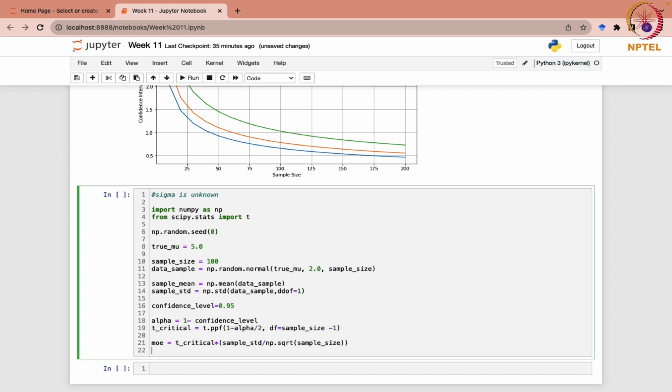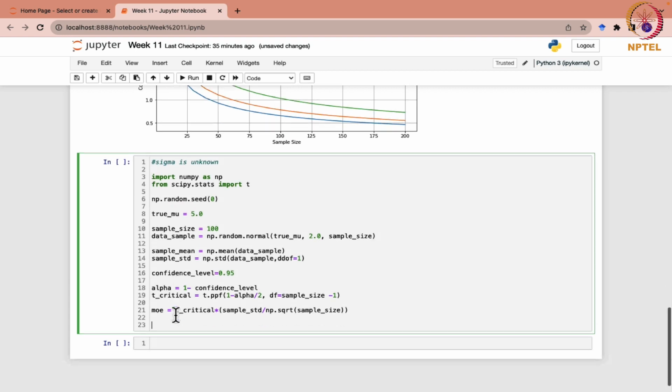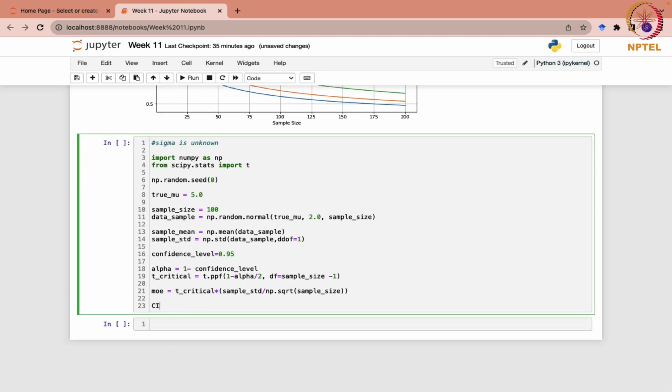Finally, we would calculate the confidence interval. So CI would be sample mean minus MOE and sample mean plus MOE.